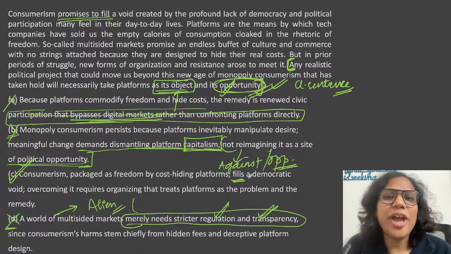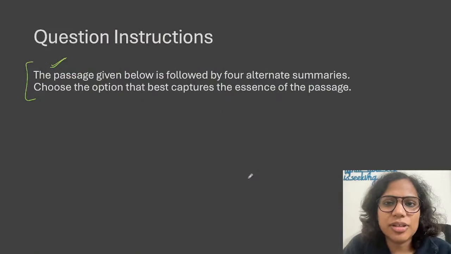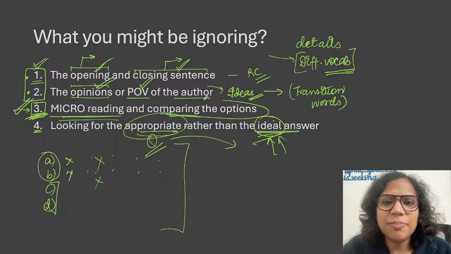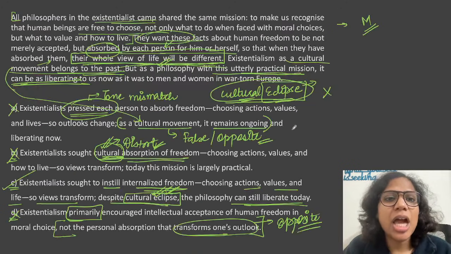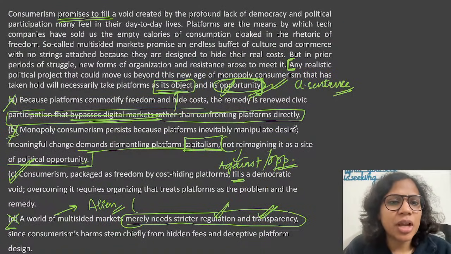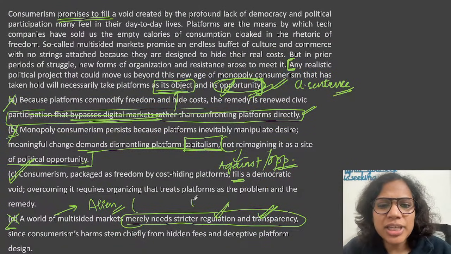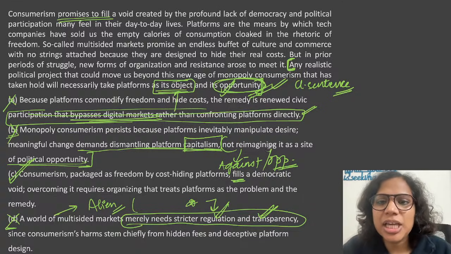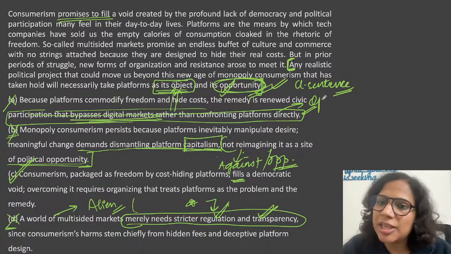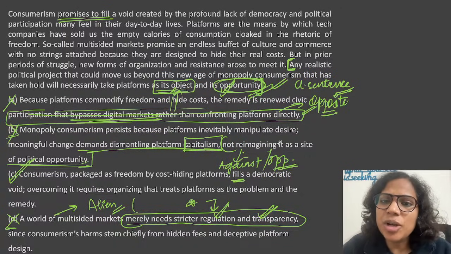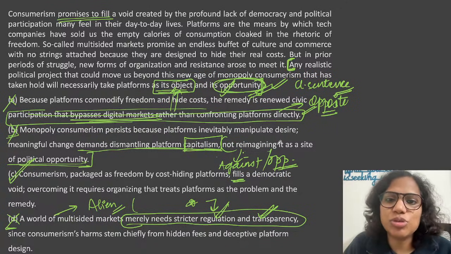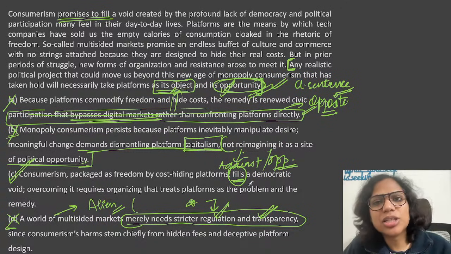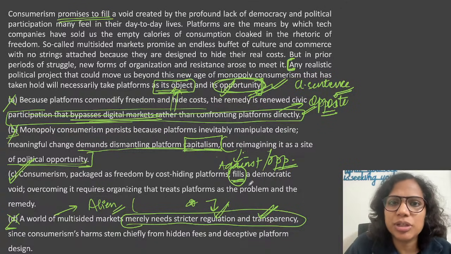Okay, however, as I said in the beginning, हम क्या करते हैं, compare करते हैं options को, ठीक है, और उसके बाद हम appropriate mark करते हैं rather than ideal. अब अगर मैं compare करूँ इन options को, तो ये तो कुछ बिल्कुल ही opposite है, ये बिल्कुल है ही नहीं पैराग्राफ में. ये opposite चीज़ बोल रहा है. Similarly ये भी वो बात नहीं बोल रहा है जो end में है, ये भी opposite चीज़ बोल रहा है. So जब मेरे पास इतनी wide apart options हैं जो बिल्कुल opposite चीज़ें बोल रही हैं, बिल्कुल ऐसा कुछ बोल रही हैं जो है ही नहीं, तो मैं इतनी सी गलती बर्दाश्त कर लूँगी फिर, because मेरे पास option नहीं है ना, और कोई ideal option है ही नहीं.